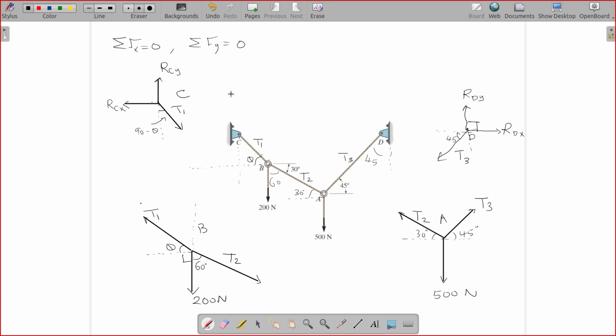So the idea here is that in each system we have 2 equations. Sigma Fx is equal to 0 and sigma Fy is equal to 0. And from each system we can solve up to 2 unknowns. So we will check whether the number of unknowns in a system is less than or equal to 2.